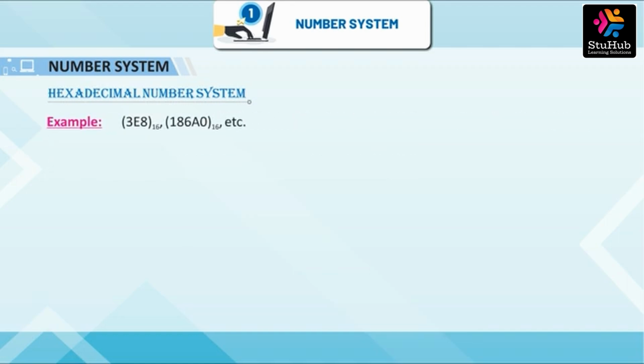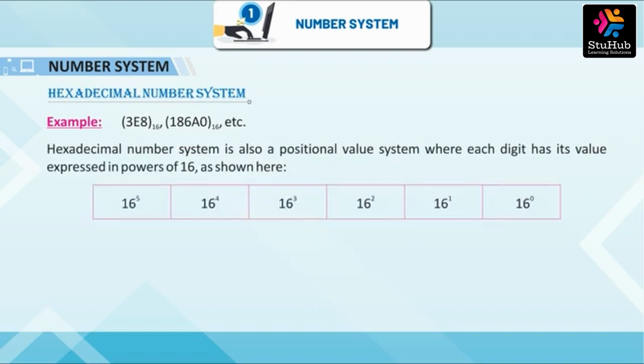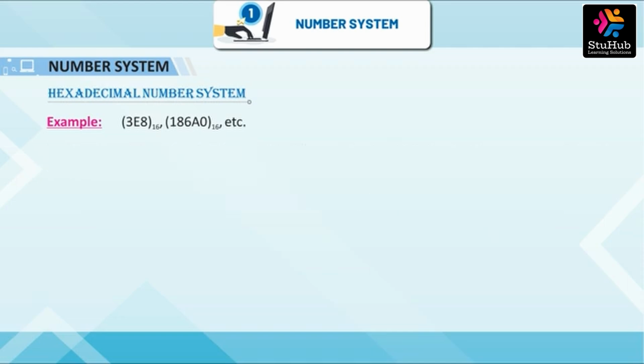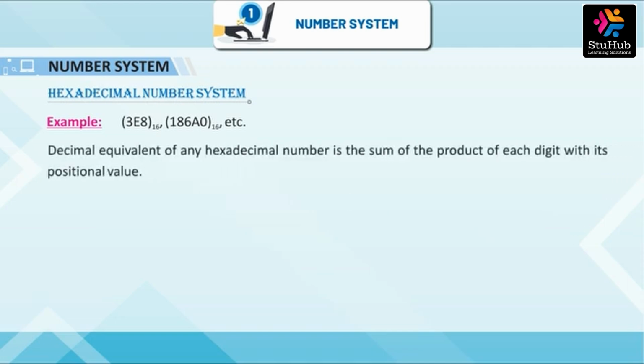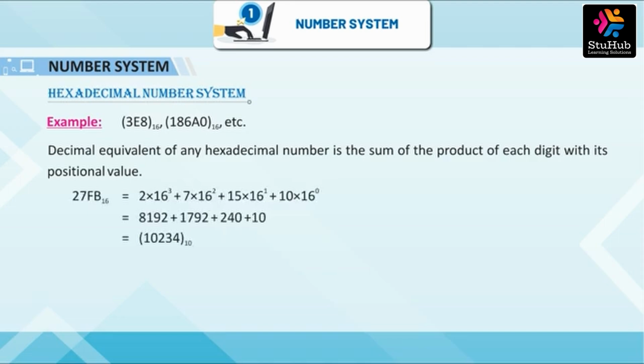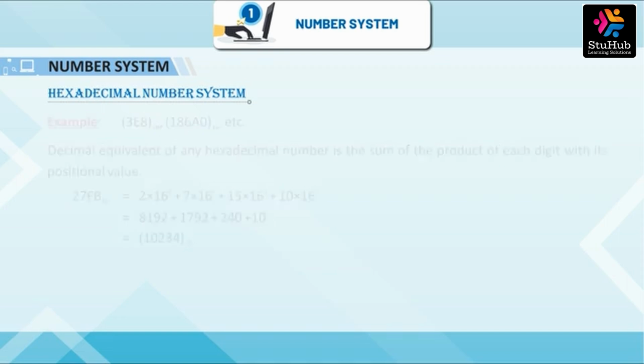Example, 3E8 with base 16, 186A0 with base 16, etc. Hexadecimal number system is also a positional value system where each digit has its value expressed in powers of 16 as shown here. The decimal equivalent of any hexadecimal number is the sum of the product of each digit with its positional value. 27FB with base 16 is equal to 10234 with base 10.